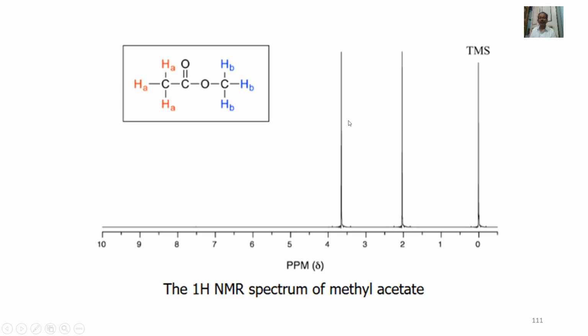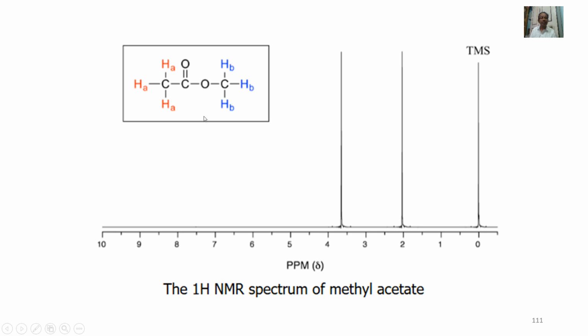And there are two signals, whereas in methyl acetate we have 3 hydrogen atoms on the methyl bonded to the C double bond O, and another 3 hydrogen atoms on the methyl bonded to oxygen. These 3 are equivalent, and these 3 are equivalent. So this will produce one signal, and this will produce another signal. So that's why we have two signals.